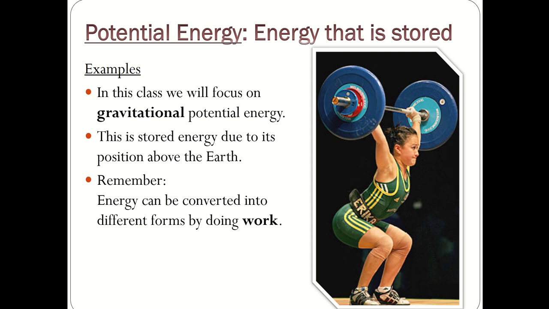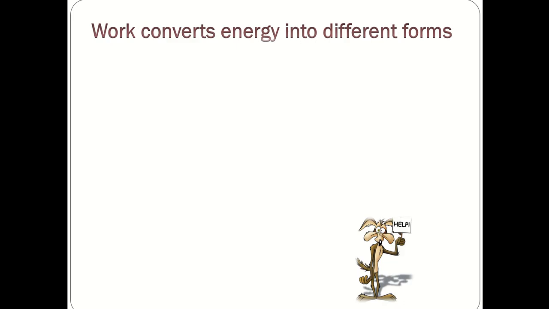Now, of course, in real life, there are some losses of energy due to sound, friction, heat, all of that. But in our case, we're going to be simplifying things and just assume that, at least in these first few examples, we're not going to be dealing with heat losses. So work converts energy into different forms.